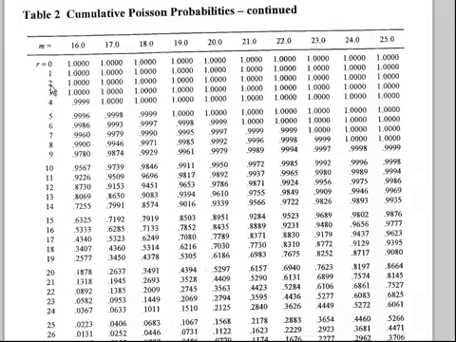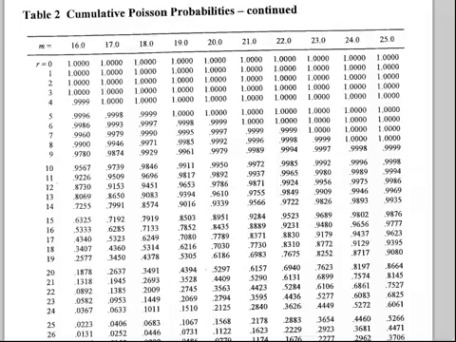So what does this mean? 4 means 4 or more occurrences in an hour. The probability of that is 0.99. Here we have the probability of 10 or more occurrences, 0.9567. So it's whatever this value is or more: 10 or more, 11 or more, 12 or more, that's the probability.